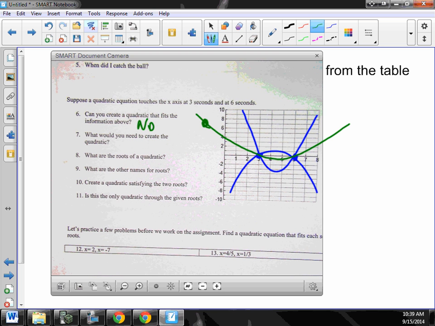Number 8 asks, what are the roots of a quadratic? What does it mean to be a root? It's where the graph crosses the x-axis. So that's the answer to number 8. A root is where the graph crosses the x-axis.